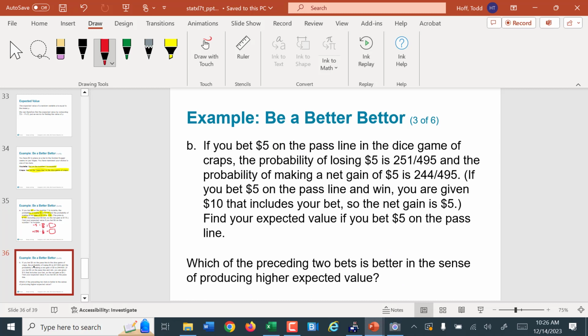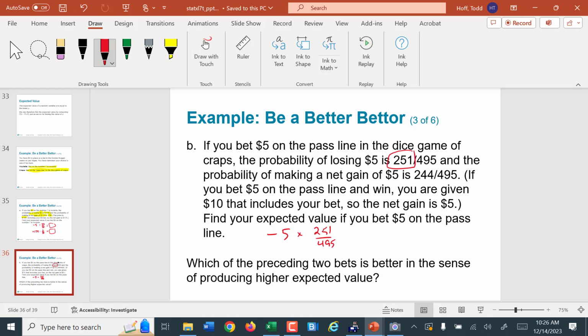In craps, the pass line, the chances of losing if you bet pass are slightly better than half, 251 out of 495. So that'd be losing $5 times that probability of 251 over 495.